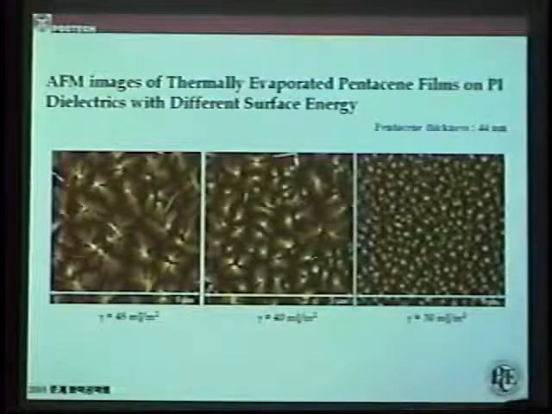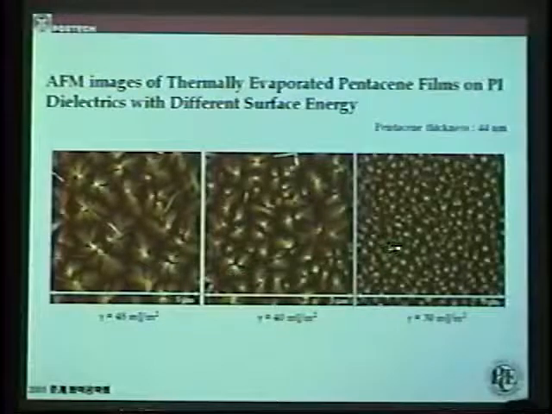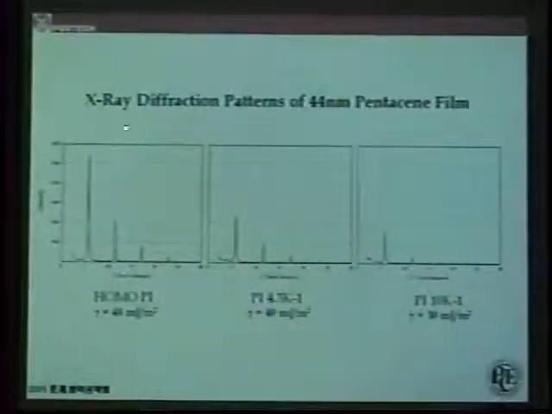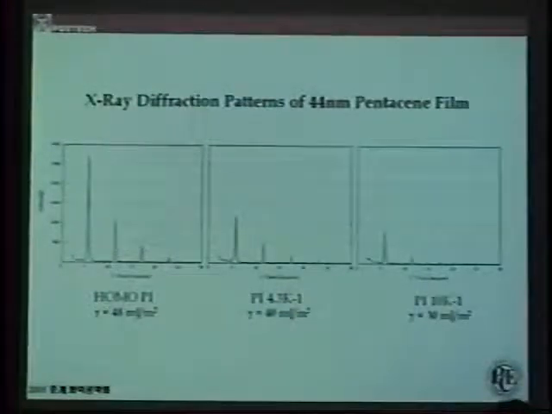So that's why we can investigate the grain size effect on mobility. This is the XRD result, out of plane mode. Actually, the pentacene is aligned vertically to the dielectric layer surface. The homopolyimide has a stronger peak, meaning the layer by layer structure is well pronounced compared with the silicon modified one, which is much smaller.